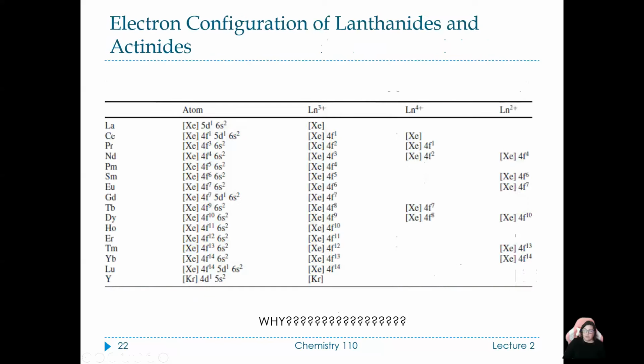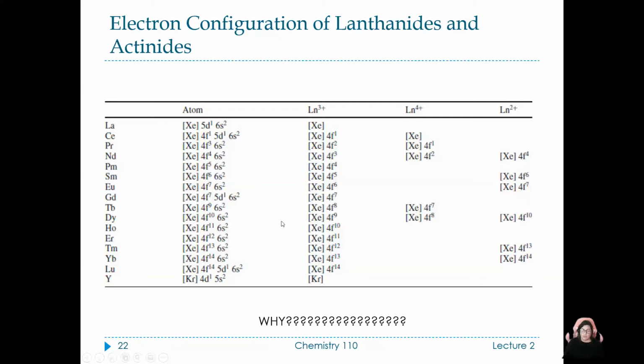All right, these are just some of the other ones so that you can see what they look like, and we run into the same situation with these that we did with the other ones. We have a couple of exceptions. So this 5d1 6s2, and this is so that we can get a half full f orbital. The same exceptions exist in the f's as well.